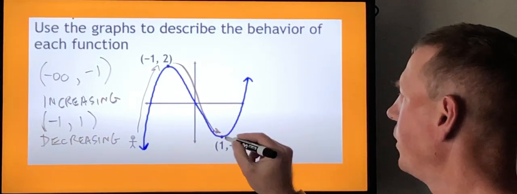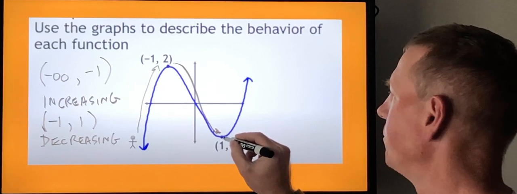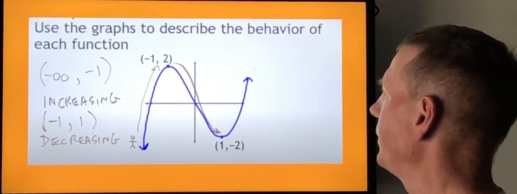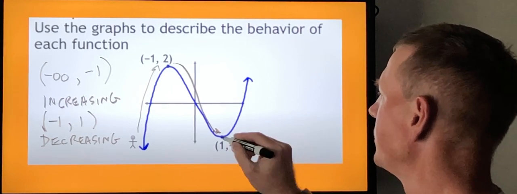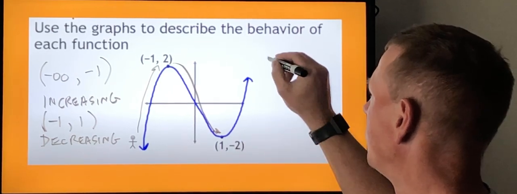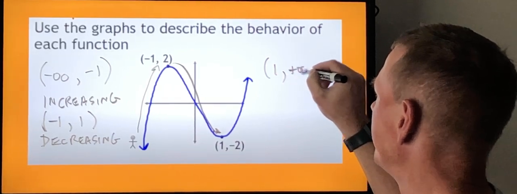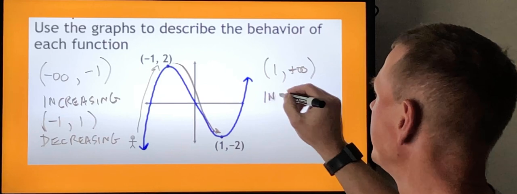And then once we get to 1, notice here we reached kind of a relative minimum point. At that relative minimum point, now we start going back up. And so at this juncture from 1 to positive infinity, we're back to increasing.